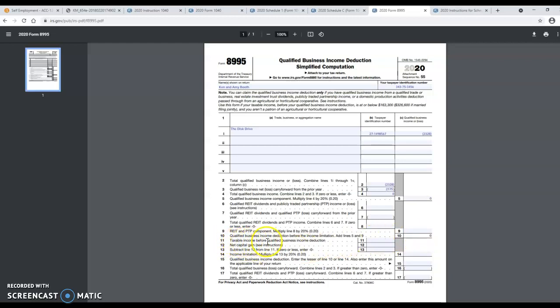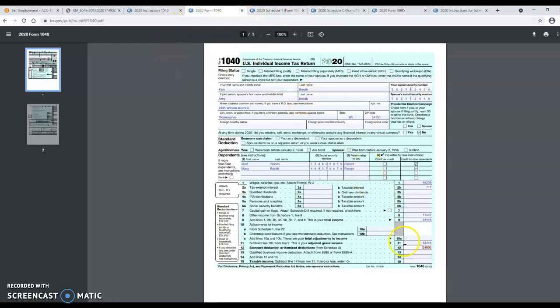Line 11, taxable income before qualified business income deduction. So that would be our AGI minus our standard deduction. So that's 39,644.